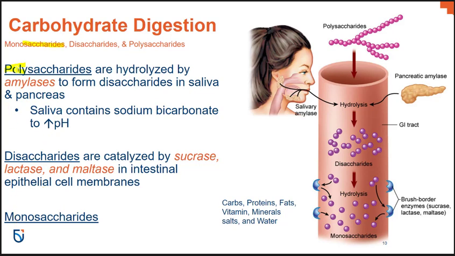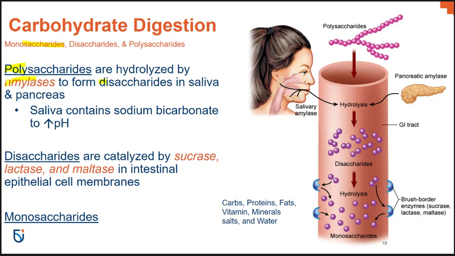Polysaccharides, to begin here, are hydrolyzed or broken down into disaccharides, because we need to break down these larger substances into smaller substances in order for our body to actually absorb it. So we break these larger substances as polysaccharides from, let's say, the starches that we eat into smaller forms, so a disaccharide, and this is done by enzymes known as amylases.